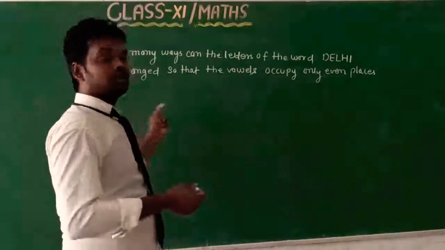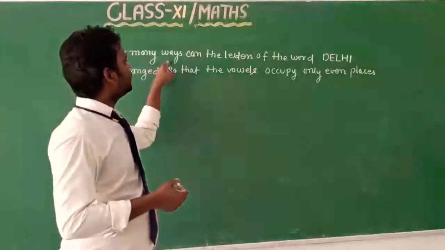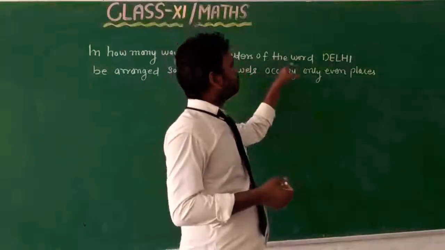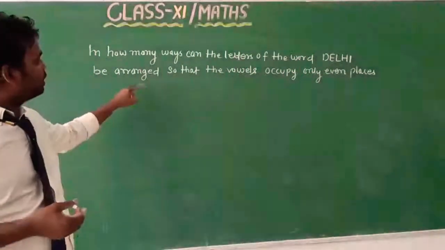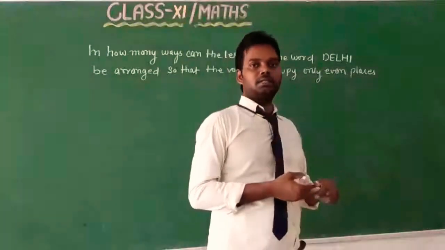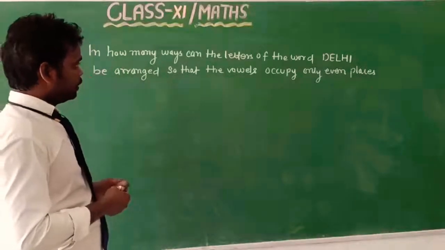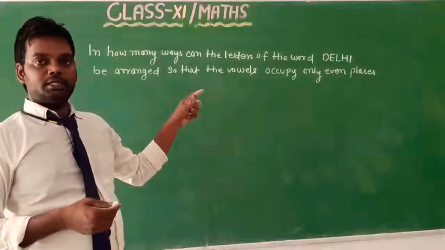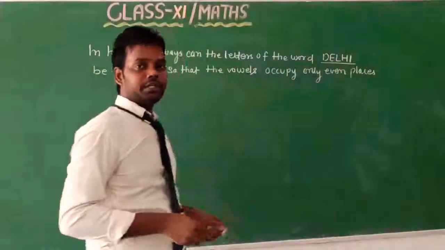Okay, this is another question. In how many ways can the letters of the word Delhi be arranged so that the vowels occupy only even places? Okay, so we can see in the word Delhi the letters are distinct.